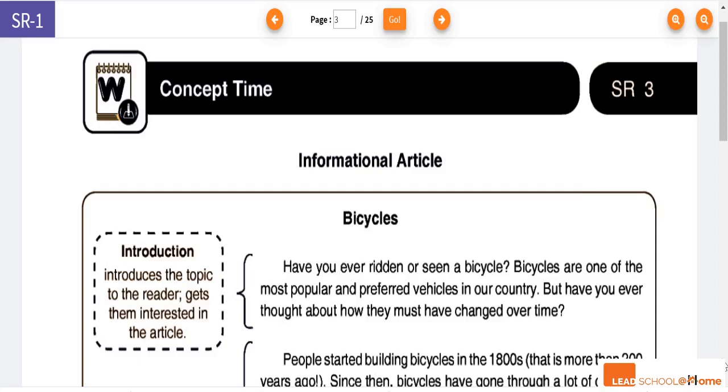Let me give you a countdown from 10, 9, 8, 7, 6, 5, 4, 3, 2, 1, 0. Open the student reader to SR3. Do you see this page? This is the page to which you need to come. All right. Shall we start reading?